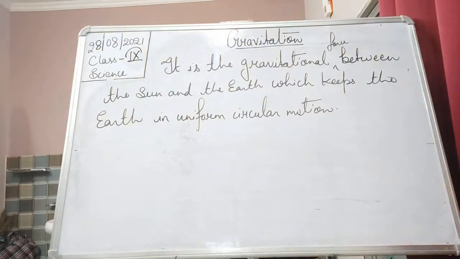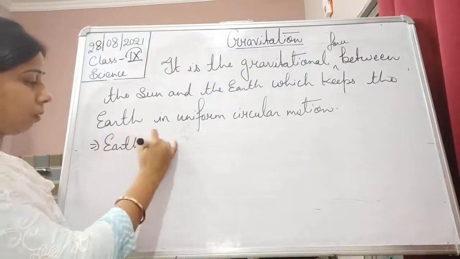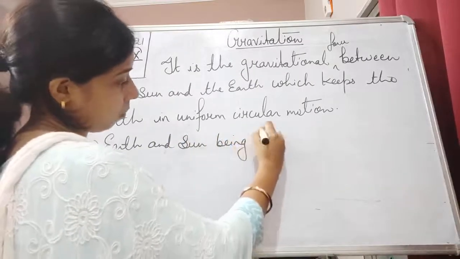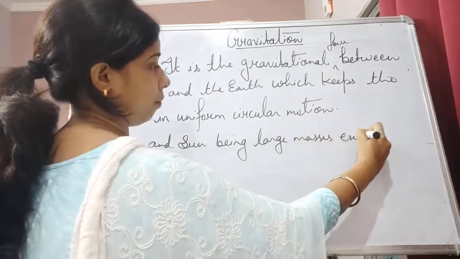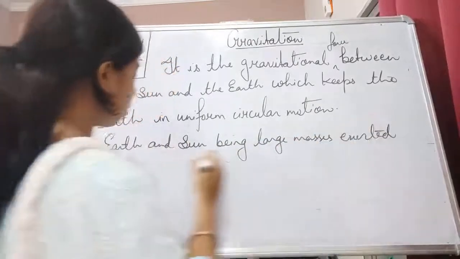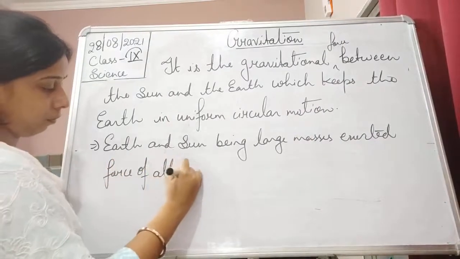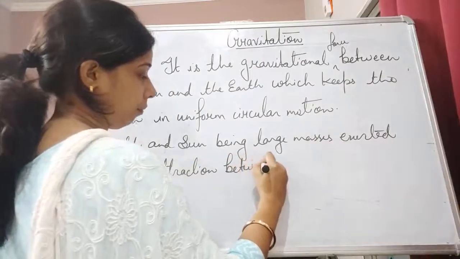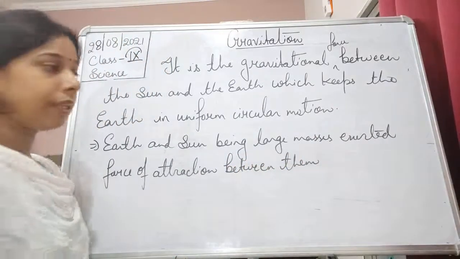Since the earth revolves around the sun, there is a force of attraction exerted between them, making it revolve easily.